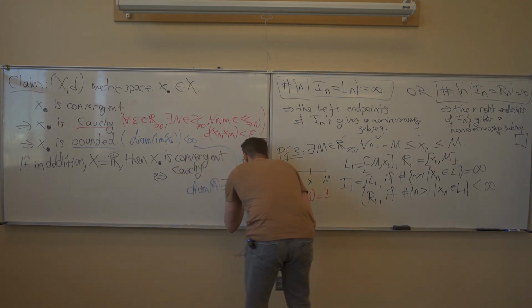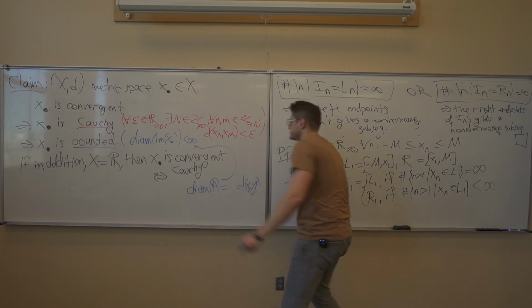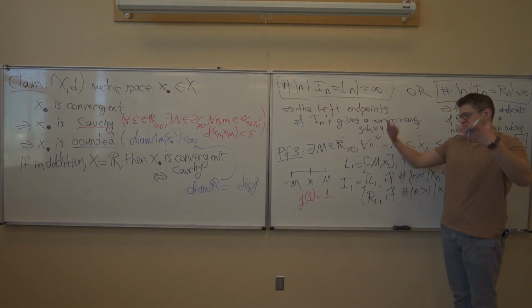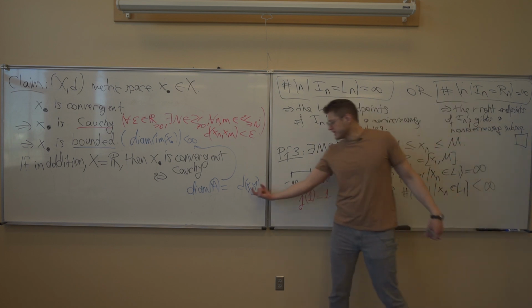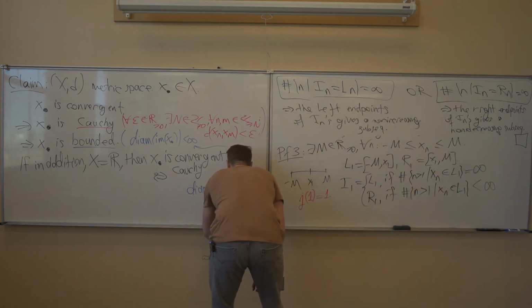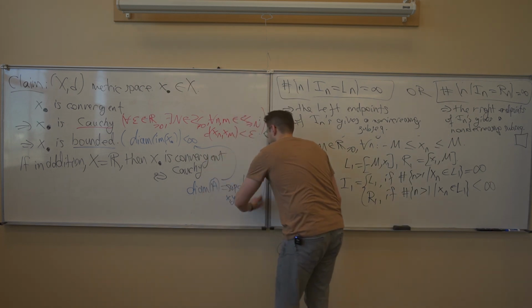You take the distance function and then you optimize it. You take the supremum of this, where the inputs are varied in the set. Okay, that's the diameter.